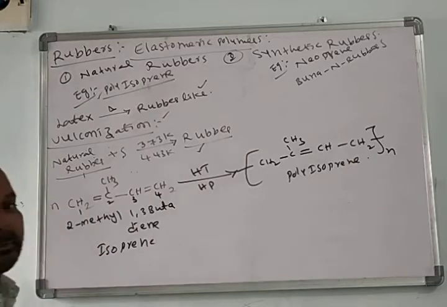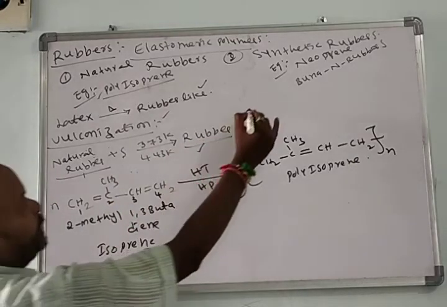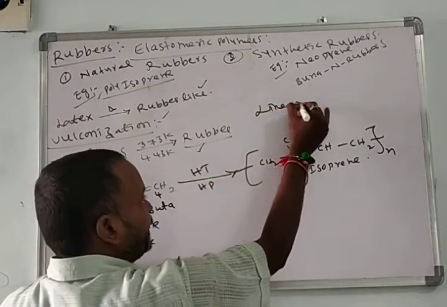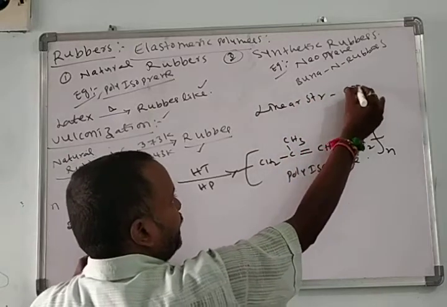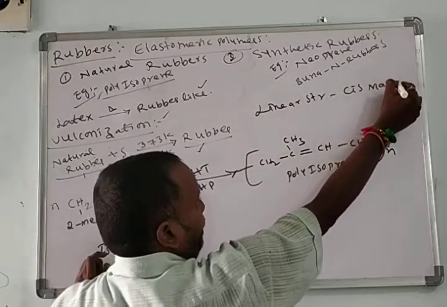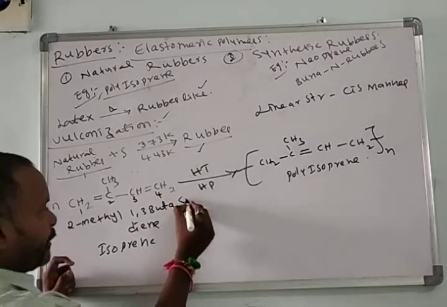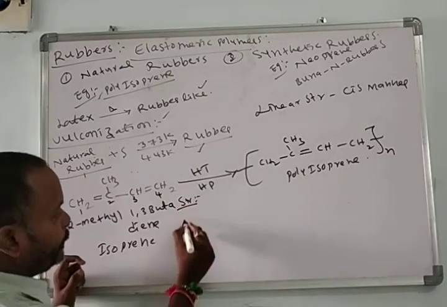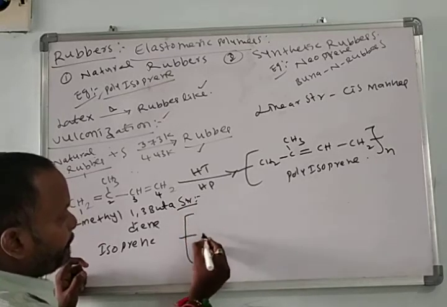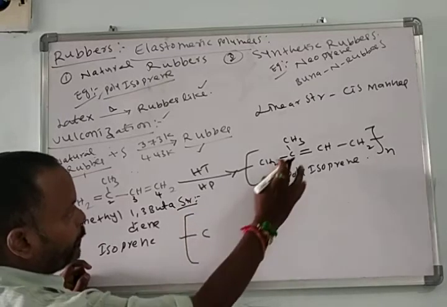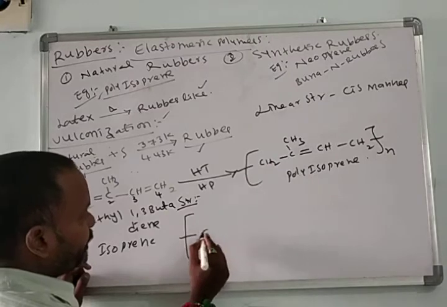Polyisoprene has a linear structure, and all carbon atoms are arranged in a cis manner. Here I want to write the structure of polyisoprene.